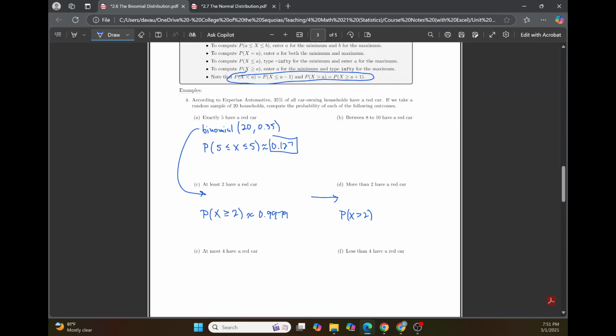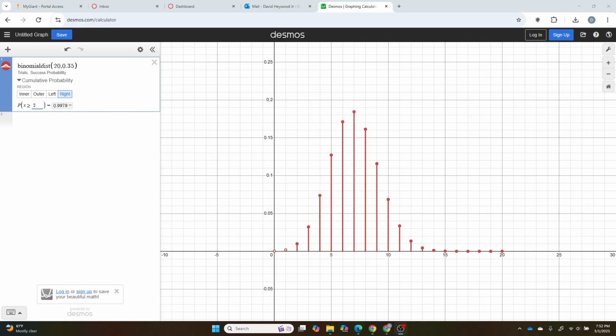If x has to be strictly greater than 2, then that means that x has to be greater than or equal to 3, right? The reason that that's important is because in Desmos, you're not going to have a way to put in a strictly greater than. It only gives you the greater than or equal to option. So we have to change that to a 3.